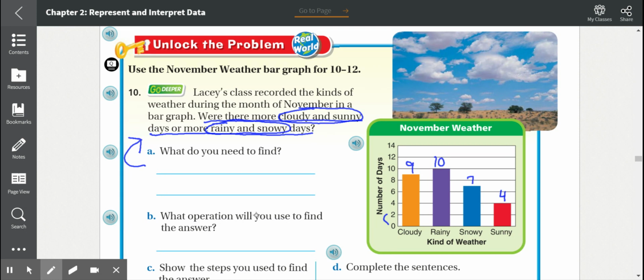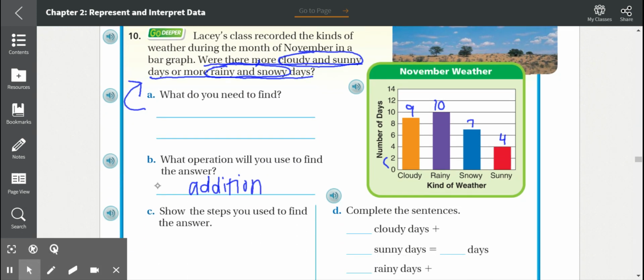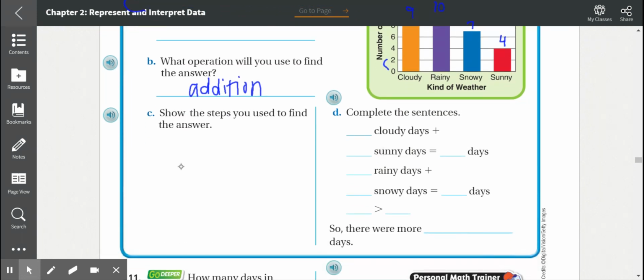What operation will you use to find your answer? When it says operation, it means, are we going to add or are we going to subtract? Well, we're combining rainy and snowy, and we're combining cloudy and sunny. So that is addition. All right.